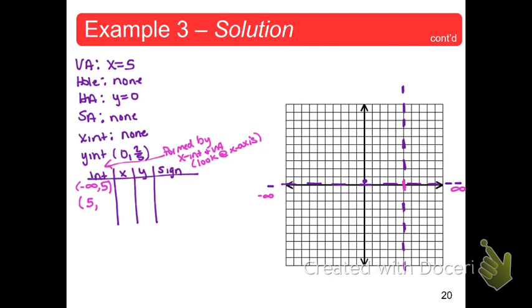Oh, I didn't write my infinity here. Alright, so let's pick an x value that's in that first interval, from negative infinity to 5. What's an x value that's in that? 0. And what about from 5 to infinity? 6. Alright, so let's plug in 0 for x.